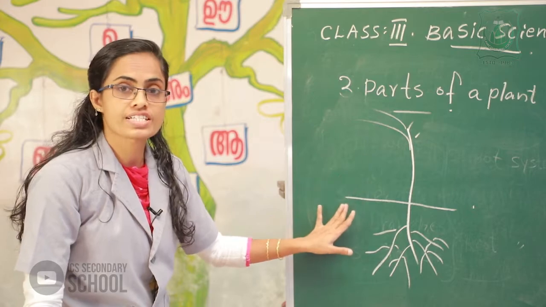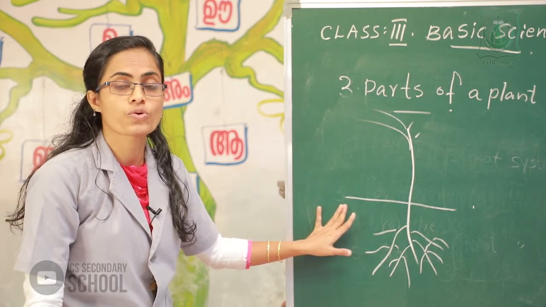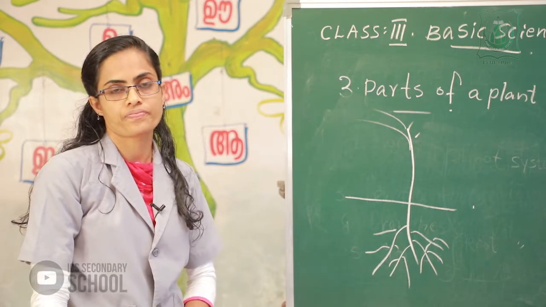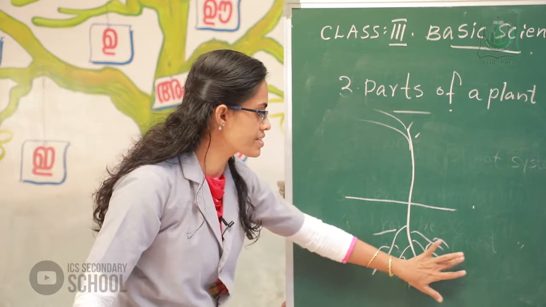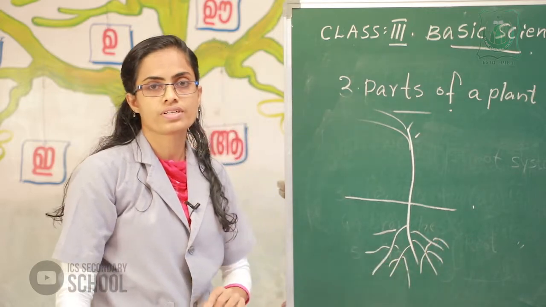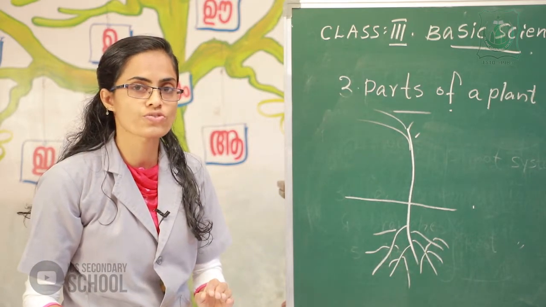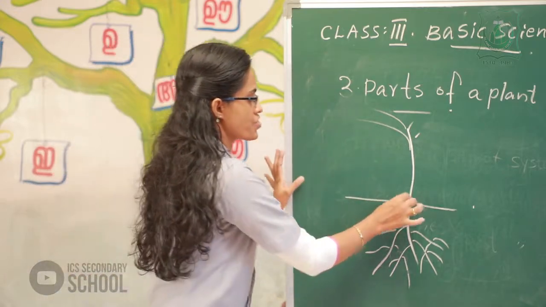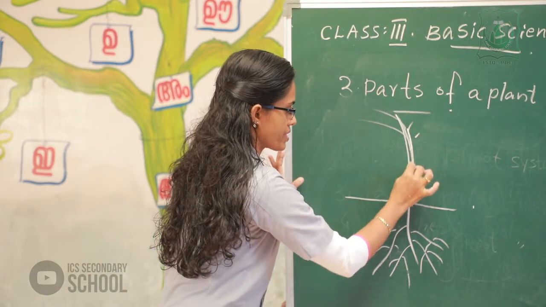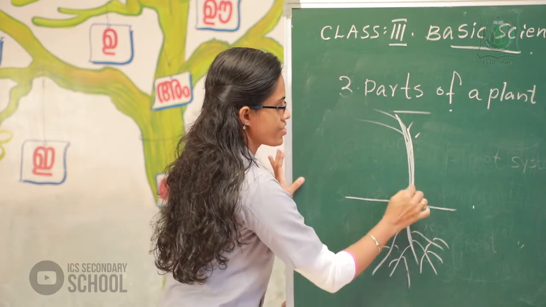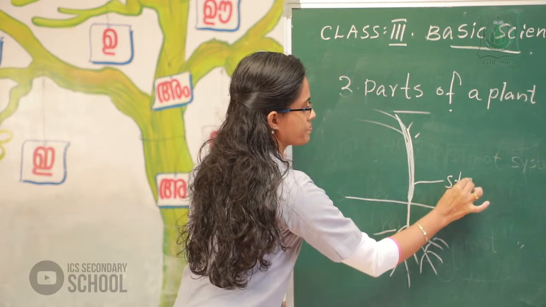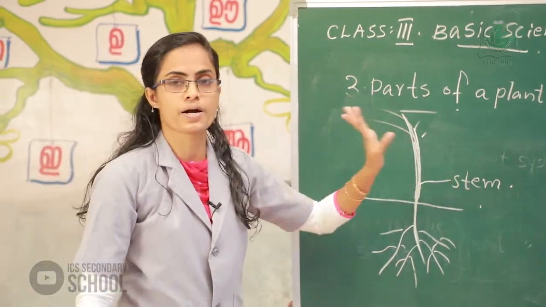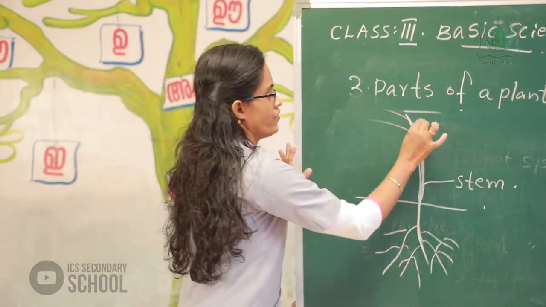The plant has two parts, the root system and shoot system. The root system consists of only roots. And the shoot system consists of stem and flowers.